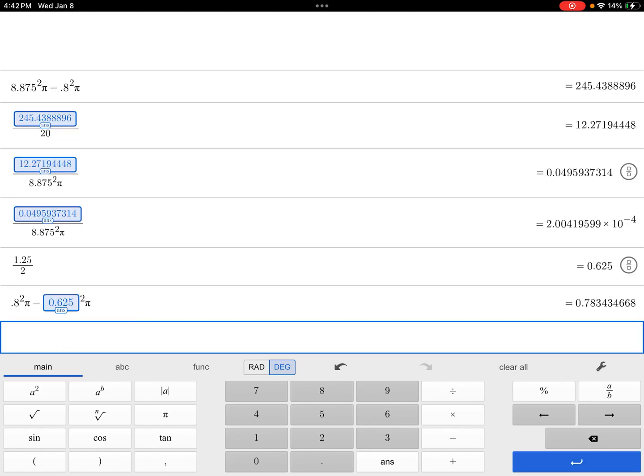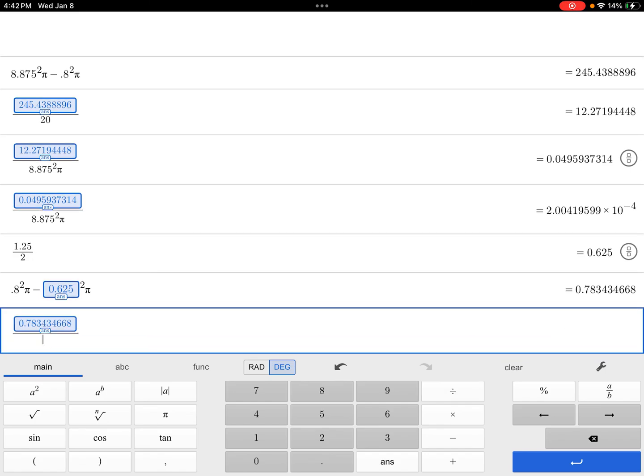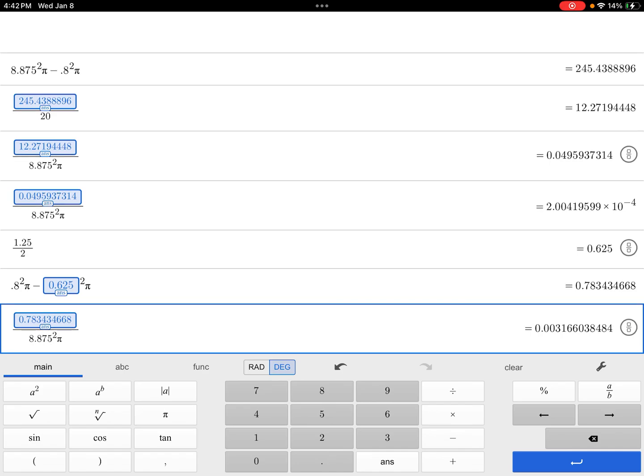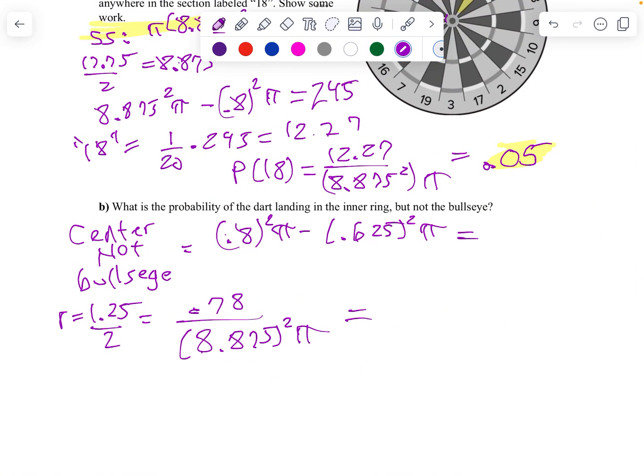So I'm going to take 0.78 and divide that by 8.875 squared pi. And notice I get a pretty low probability, 0.003, 0.3%. There's your probability.